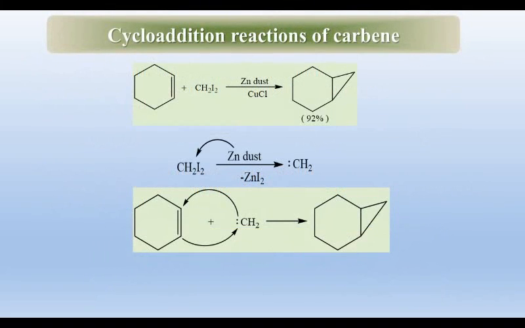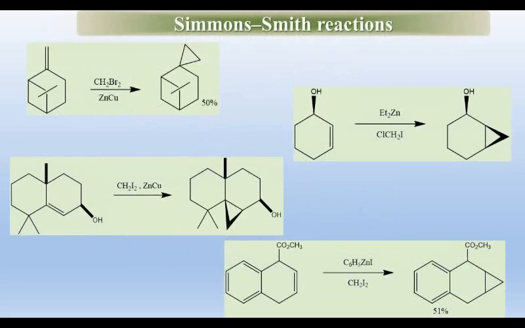Here are some other examples of cycloaddition reactions of carbene. Carbenoids are sterically more hindered and react relatively more slowly with highly substituted alkenes than the free carbene. Here are some other examples.